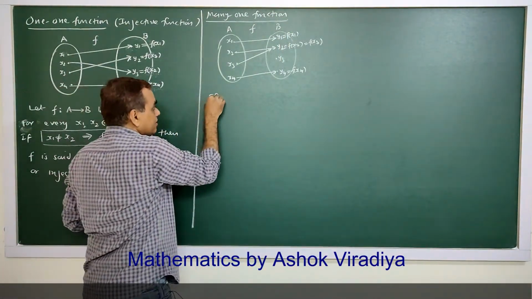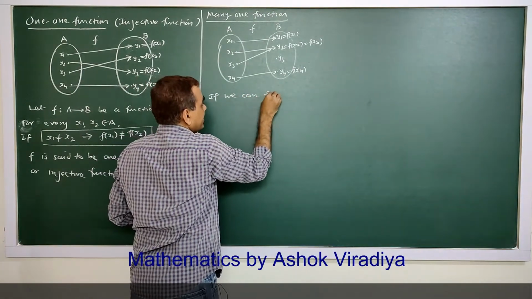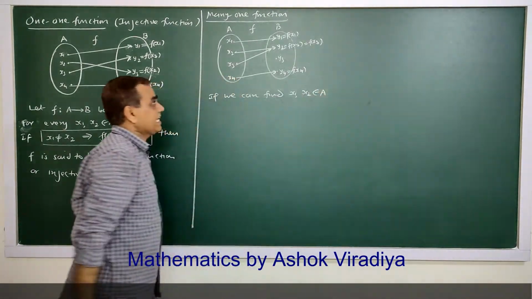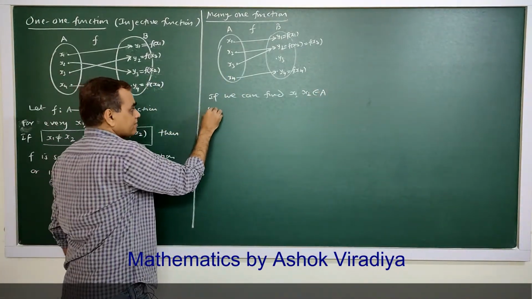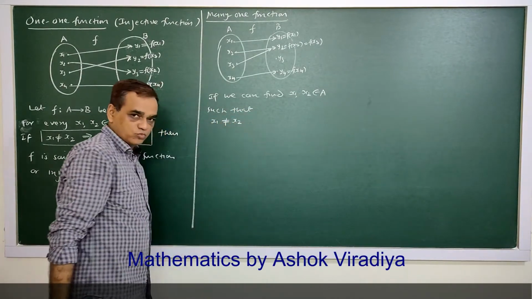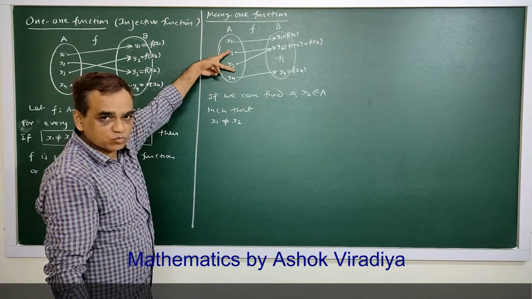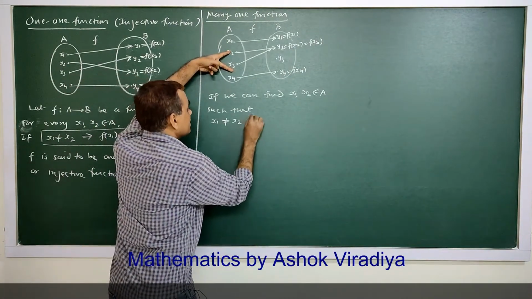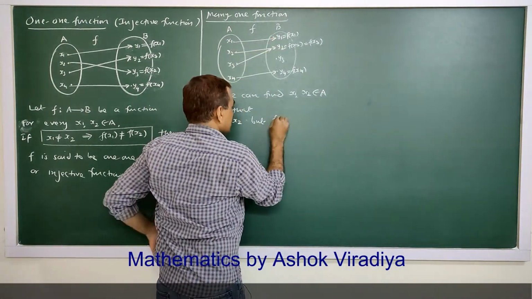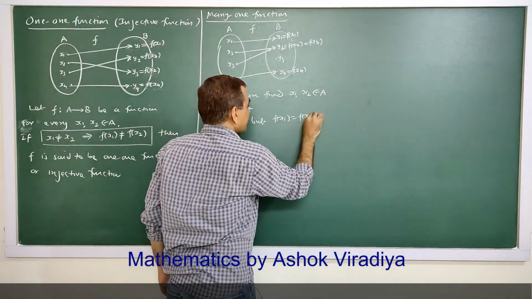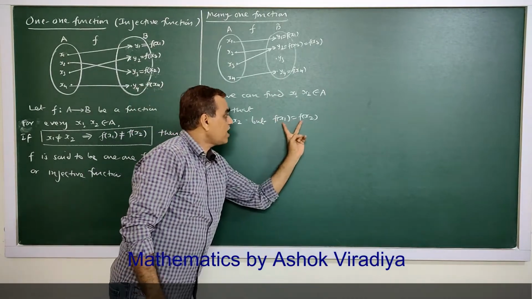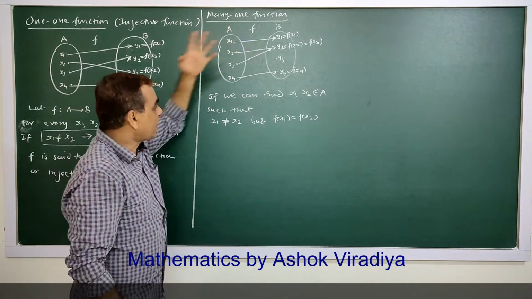So if we can find x1, x2 belonging to the domain such that x1 not equal to x2 but image of x1 equals image of x2, inputs are distinct but outputs are the same, so many-one.